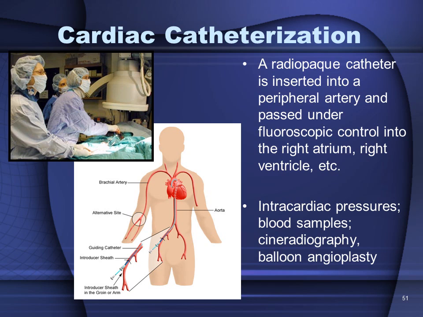The catheter can also enter the heart, where the physician, or in this case the interventional radiologist, can measure intracardiac pressures, take blood samples or tissue samples for analysis in heart transplant patients, get a real-time movie of the heart in contraction, or perform a balloon angioplasty or stent insertion into one of the coronary vessels.